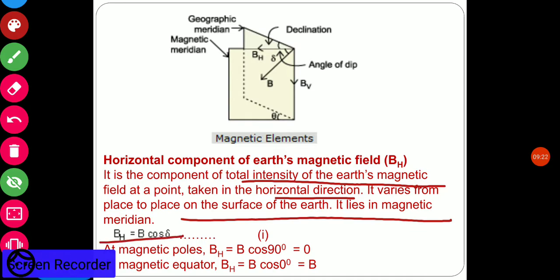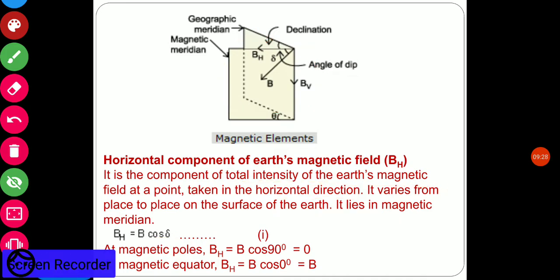BH is equal to B cos delta, as you can also see from this figure. At the magnetic poles the value of delta is 90 degrees, so at the magnetic pole the horizontal component is 0, while at the equator the horizontal component is the maximum, equal to the total value of the magnetic field at that point.